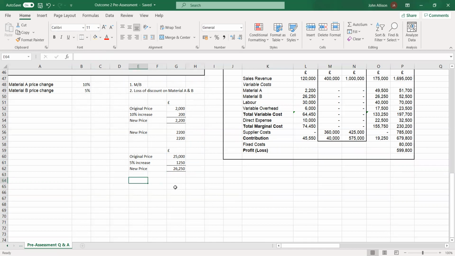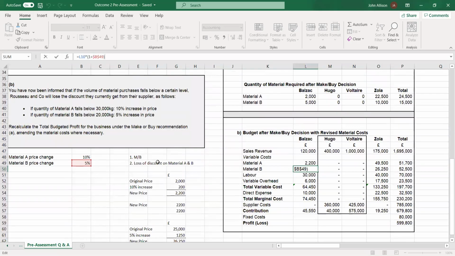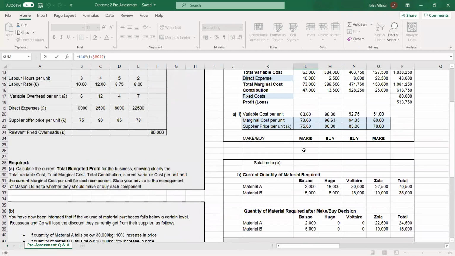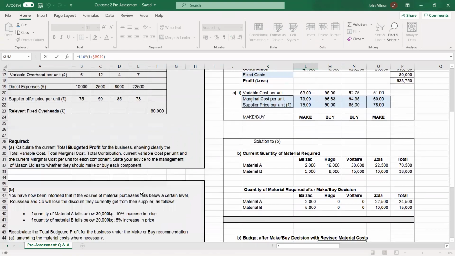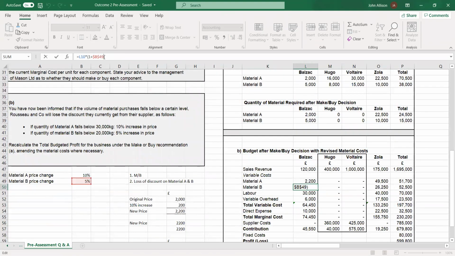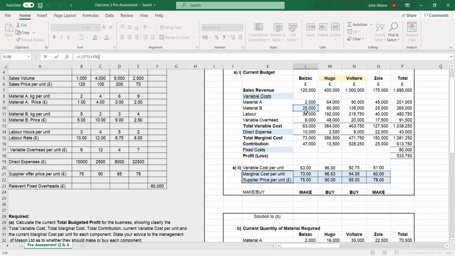The easiest way to do it, again, is just get the original price and times it by 1 plus 5%. So the original price was 25,000, and we've multiplied it by 1 plus 5%. Make sure you've got the 1 plus 5% in brackets.